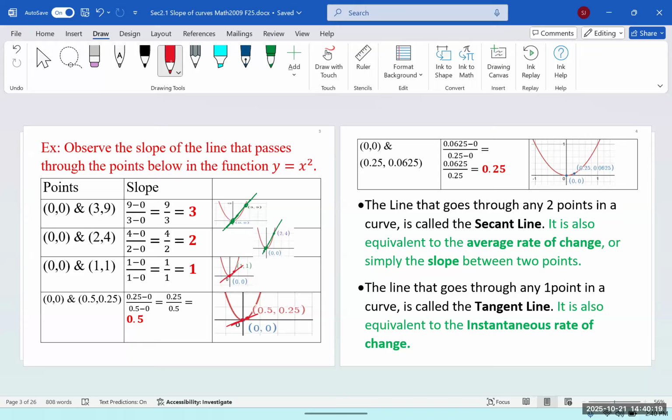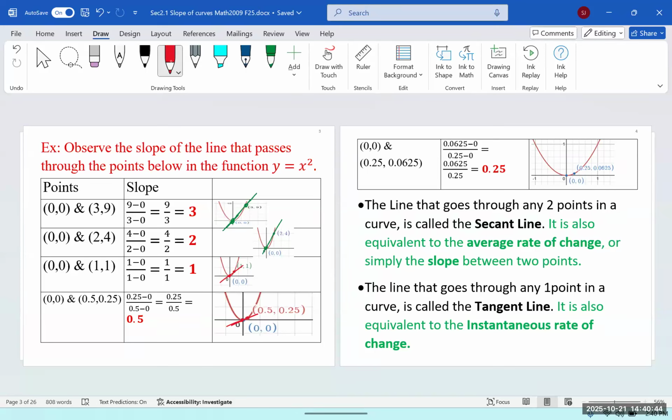So if our goal is to see what's the slope of the curve at 0, only 1 point at 0, by observing all these slopes, can you guess what will be the slope at 0? All these numbers are going toward which number? Closer to 0.